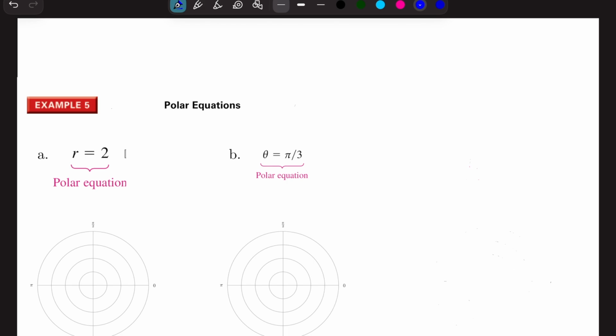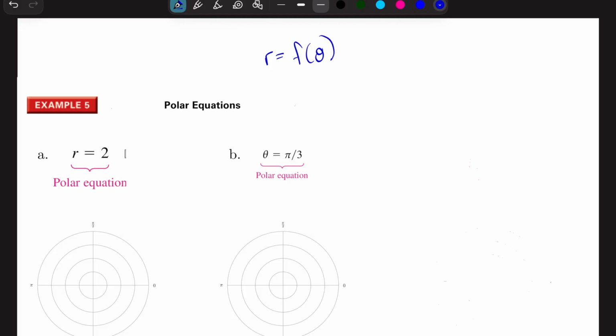Okay, last thing I wanted to show you is just a couple of polar equations. Polar functions, we're not going to get too deep into the weeds on this. I just want to expose you to it, are written in the form r equals f of theta. I'm just going to show you the two extreme cases.